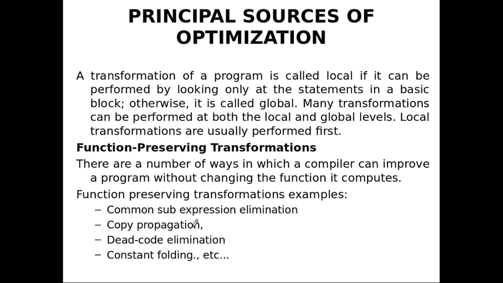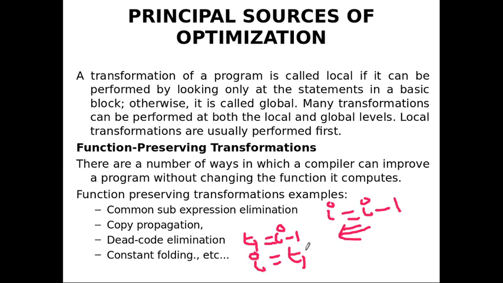In general, if you write I equal to I minus 1 as your source instruction, when writing the 3 address code, I minus 1 can be assigned to one temporary, and the temporary can be assigned to I. Then at that moment you must apply copy propagation as well as constant folding.